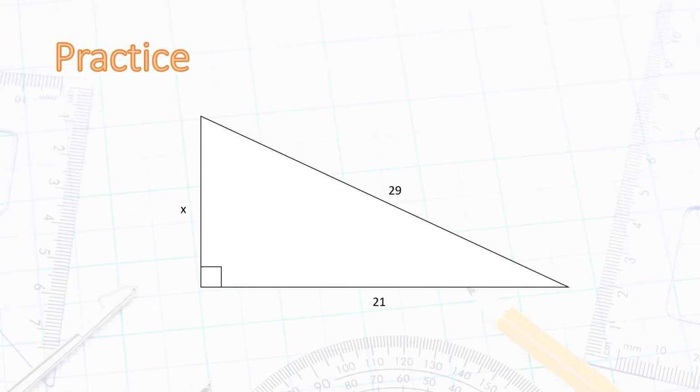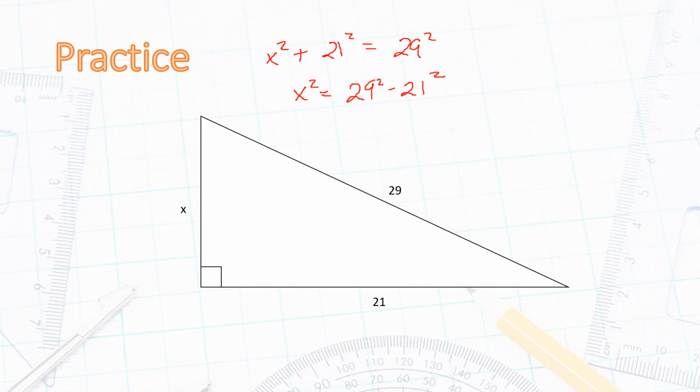All right, so we've got the hypotenuse, so it's going to be x squared plus 21 squared is equal to 29 squared. And then you're going to have to subtract the 21 squared from both sides. So it's going to be x squared is equal to 29 squared minus 21 squared.